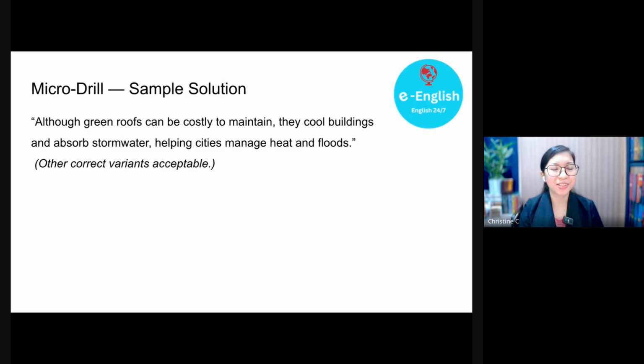Okay, in other words, what does it mean? Green roofs are an expensive solution, but they are still effective at cooling buildings and absorbing stormwater, which helps to reduce the negative effects of heating and flooding in cities.